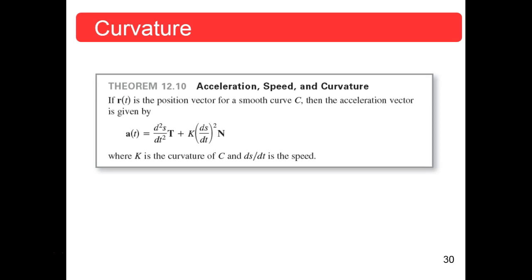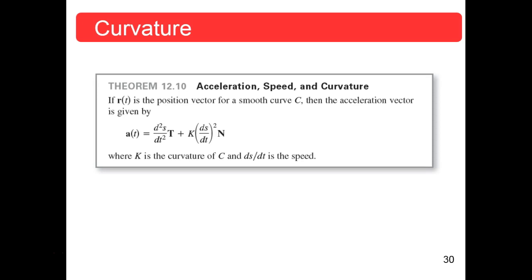That's your tangential component. Whereas your normal component is your curvature times the speed squared, times your unit normal vector, where K is the curvature of C and ds dt is the speed.